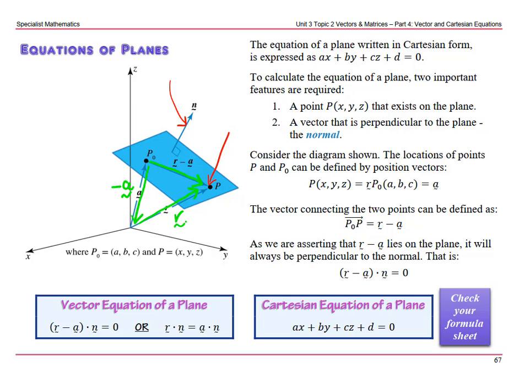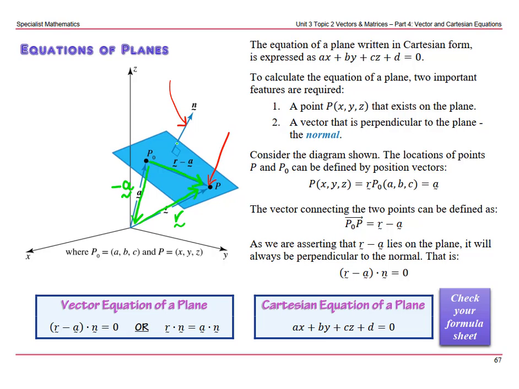As we are asserting that r and a lie on the plane, r minus a will always be perpendicular to the normal. So what we mean by that is r minus a is lying on the plane, and that plane is perpendicular to our normal.